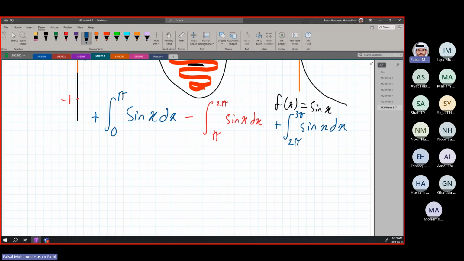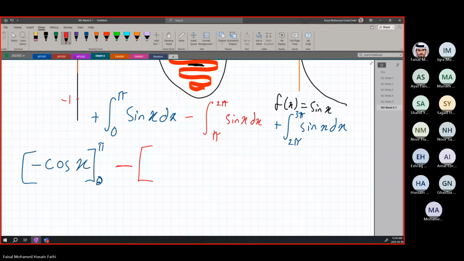So first, we know the integration of sine x dx is minus cosine of x, from 0 to pi. So minus cosine of x from 0 to pi, minus minus cosine of x. Then this minus is this minus over here, okay?